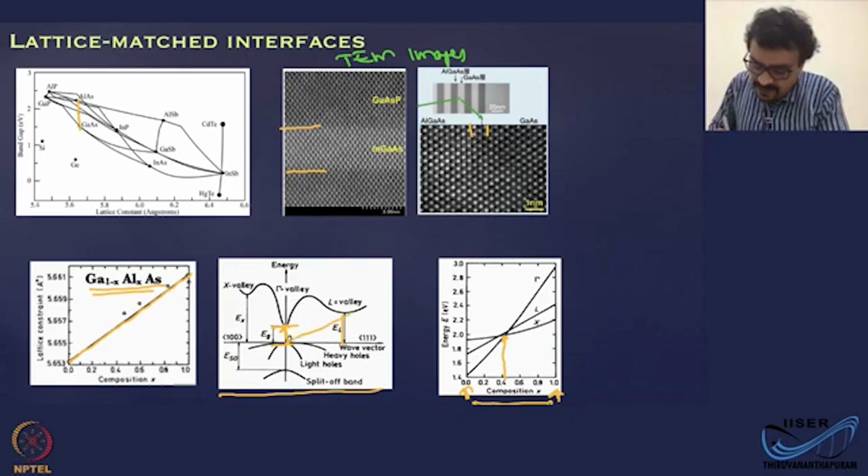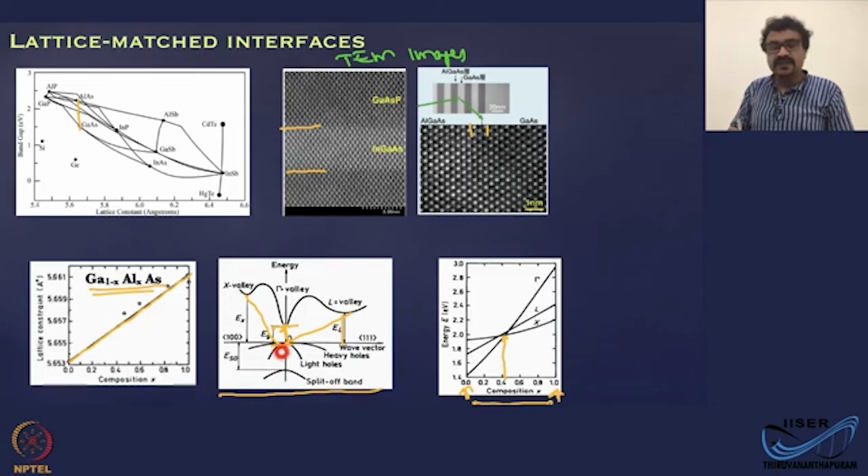These are indirect band gaps. The maximum of the valence band is not changing, but the minimum of the conduction band is changing. So the band gap is from the maximum of the valence band to the minimum of the conduction band. For x equal to 0, you have that at the gamma point. It's a direct band gap.